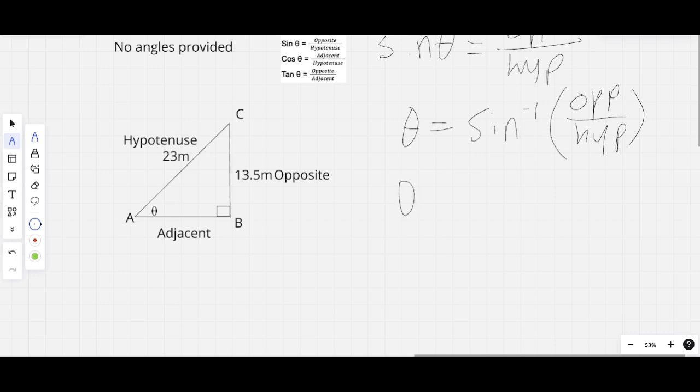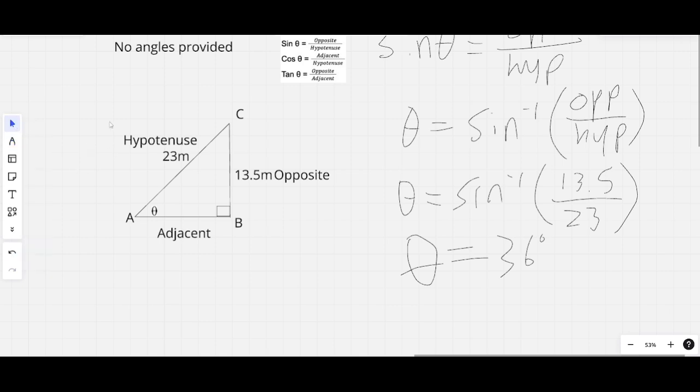So theta is equal to sine minus 1, 13.5 divided by 23. So now theta is equal to 36 degrees.